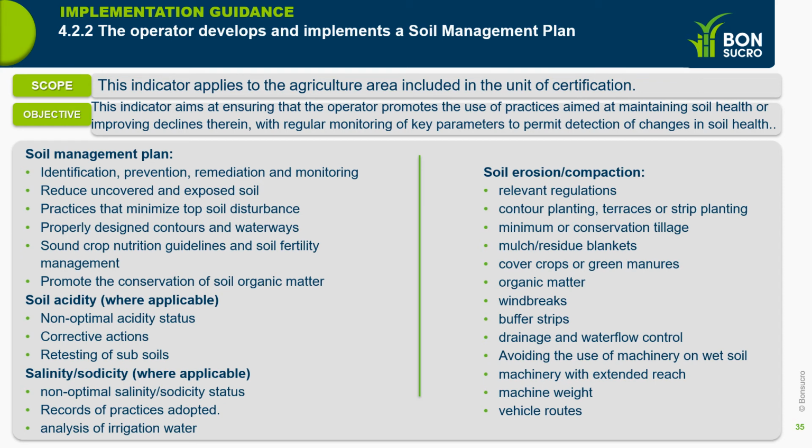So, to be sure of the information on whether there is soil acidity, salinity, or sodicity, what correction will be done for acidity, for example, and retesting of subsoils. And in soil erosion, for example, to be sure of the minimum or conservation tillage, the organic matter information, the buffer strip, the drainage and water flow control.